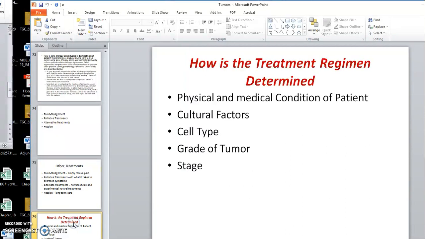So again, the treatment type depends on us most determining what is your cell type, grade, and stage. And then from that, clinical studies will say what will be the best treatment for that, unless it's 100% curable. Thank you.